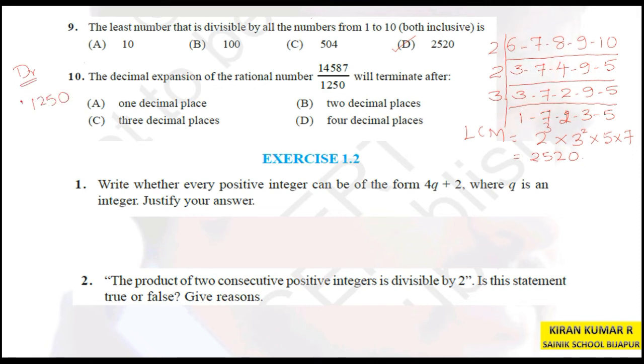Let me prime factorize this. 1250 divided by 2 is 625, 625 divided by 5 is 125, 125 divided by 5 is 25, 25 divided by 5 is 5. So 1250 is nothing but 2 multiplied to 5 raised to the power 4.